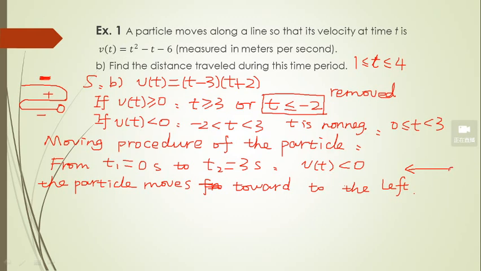The particle moves in this way from 0 to 3 seconds. And then when t equals 3 seconds, velocity is 0, right? V of 3 is 0. There is no problem here. When t is 3, that means the particle stops.